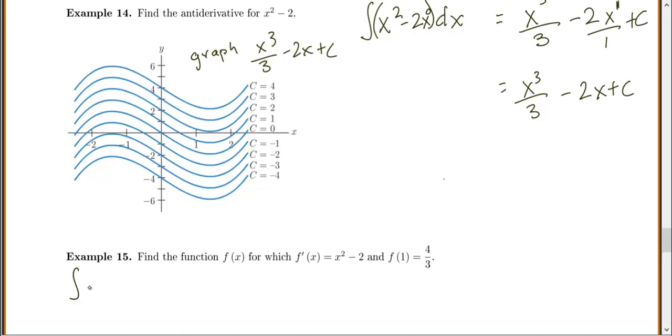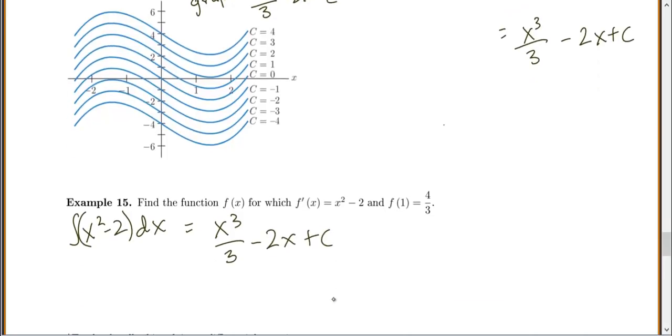So we already know, okay, so we said the derivative is x squared minus 2. So if we want to take the antiderivative, we said up above that it's going to be x cubed over 3 minus 2x plus c. So what we want to do is find c so that f of 1 equals 4/3. So to set this up, we'll say 4/3 equals, and now we're going to plug 1 into my antiderivative.